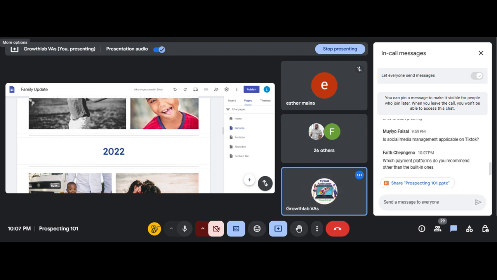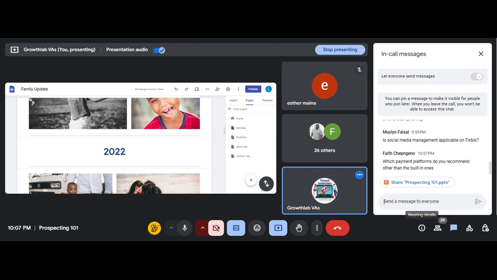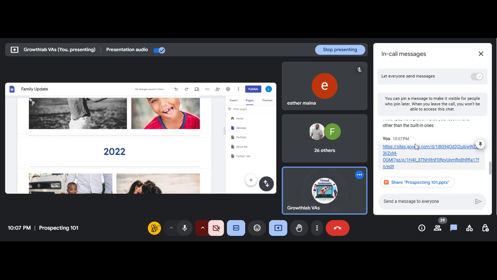The problem is, for example, if you see the chat on this meet, the link I've shared is the link to that website on your page. So you see how long it is.